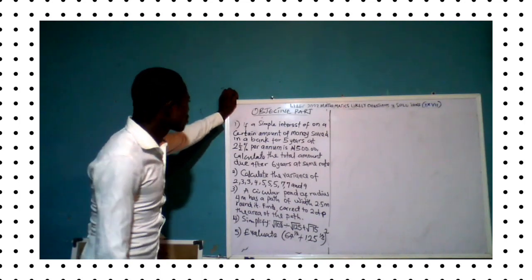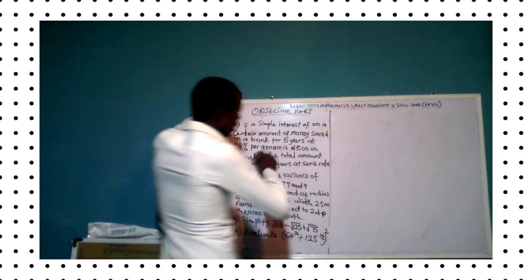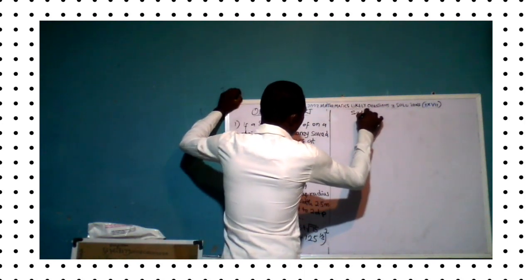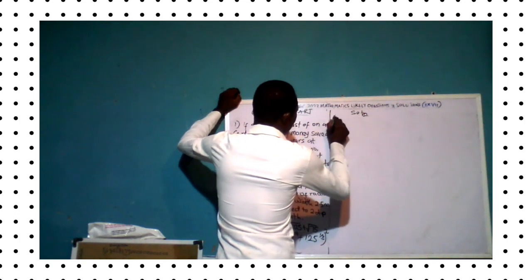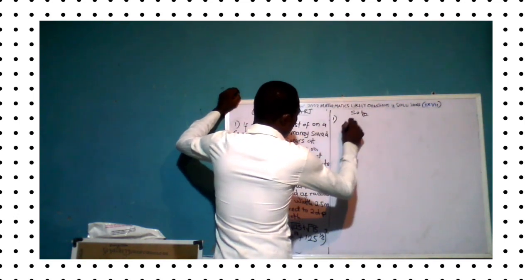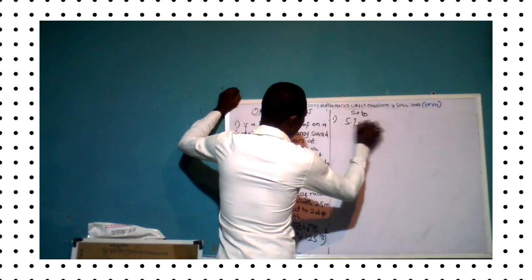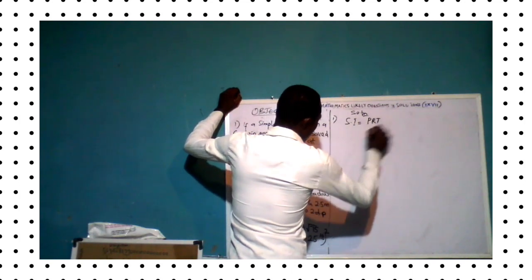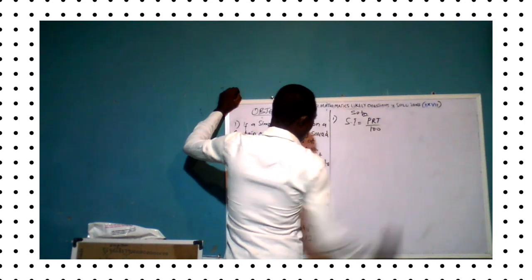Okay, now never forget that the formula for simple interest is given as SI equal to principal times rate times time all over 100.